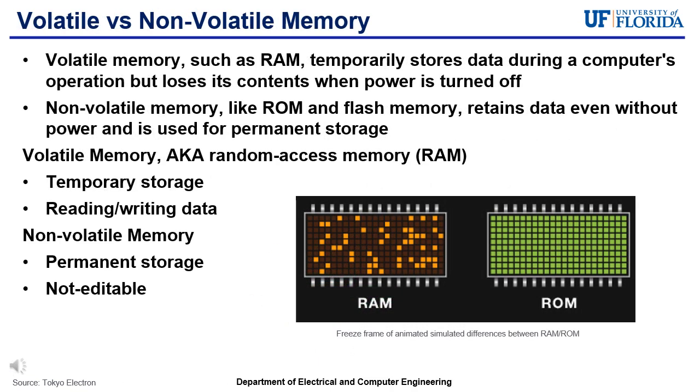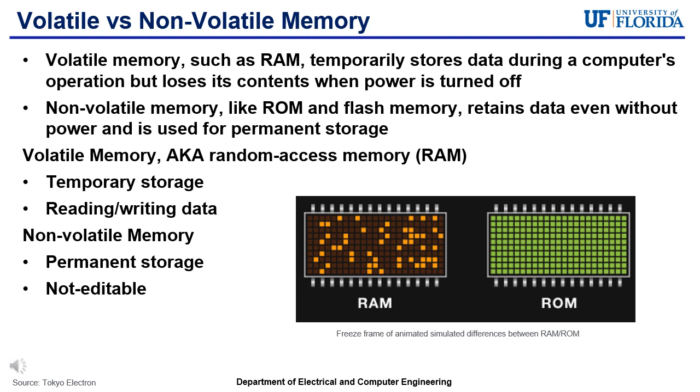Speaking about volatile memory, it is one of two categories that different types of memory are grouped into, the other being non-volatile memory. Volatile memory, commonly known as RAM, which is random access memory, is a temporary storage solution that allows computers to read and write data quickly during their operation.